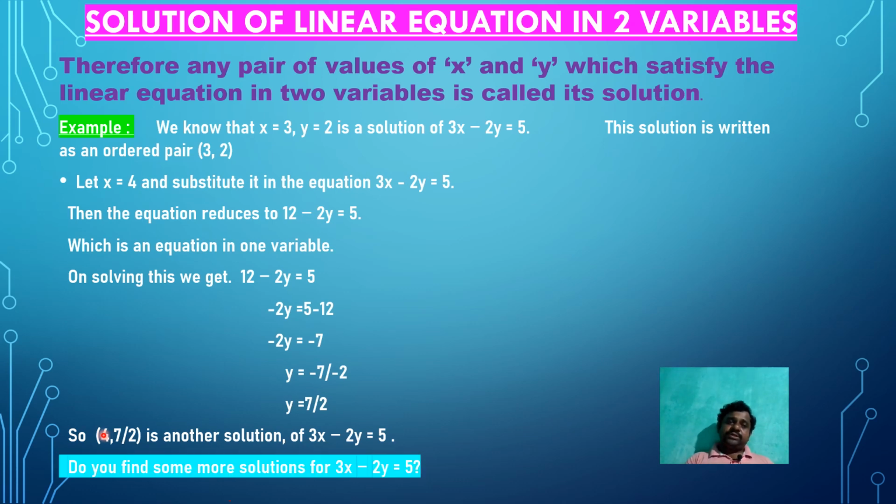Dear students, can you find some more solutions for 3x minus 2y is equal to 5? After watching this video, you can try to find some more solutions. If you take any value of x or y, we can convert the equation into one variable, then we can find the value of the other variable and get the final solution.